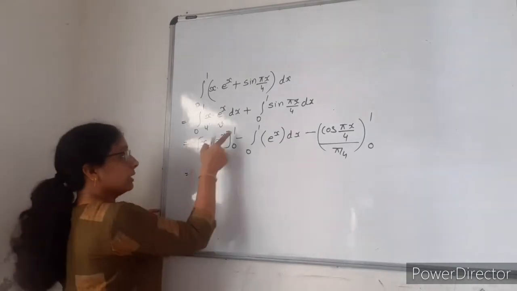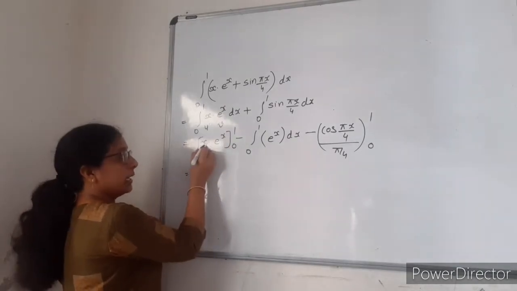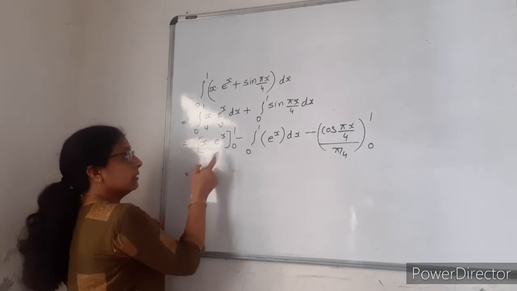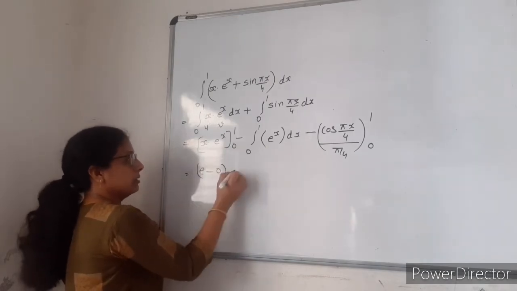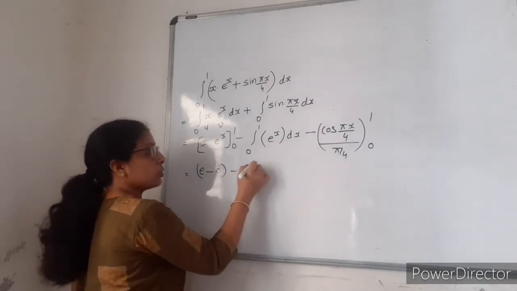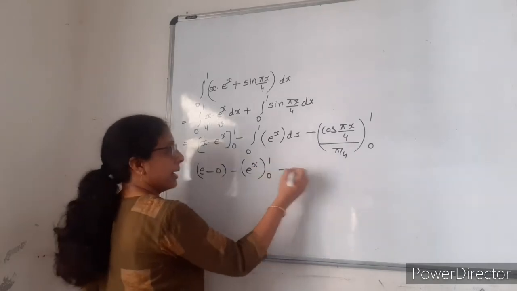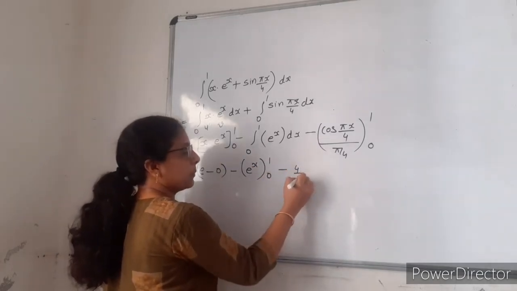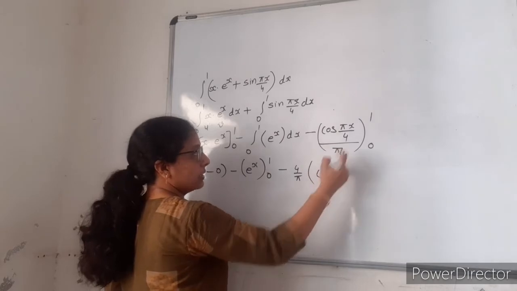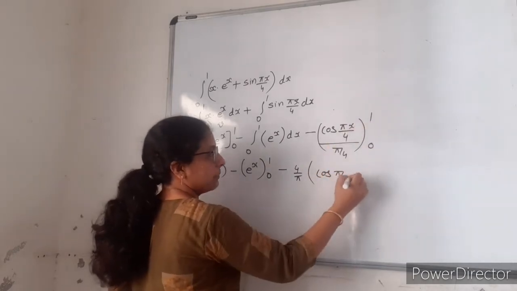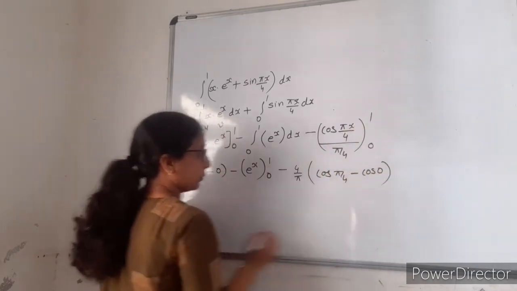Okay. So when you apply the limit 1, e raised to 1, that is e, minus 0. Here e raised to x only, minus this 4 upon pi constant, cos, when you apply 1 it is pi by 4, minus cos 0.